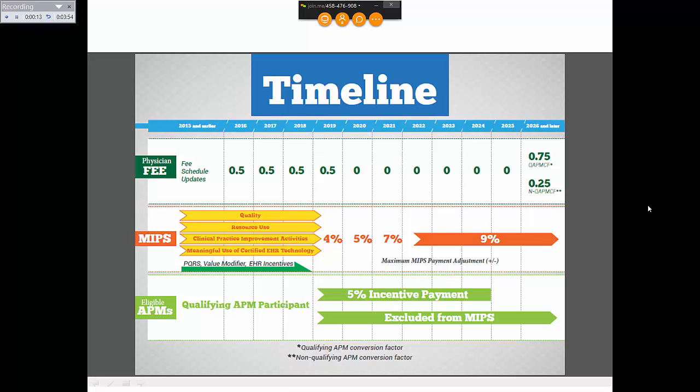One thing that everyone needs to know is this is going to be a budget neutral process. So it essentially means that people who aren't performing well are going to have their payments cut, while those who are doing what should be done are going to have payments increased. But essentially, what CMS is trying to do is make you compete against your own peers to do the right thing.